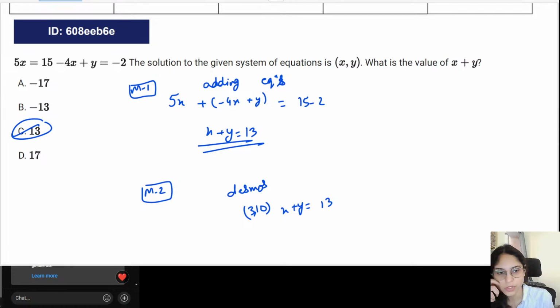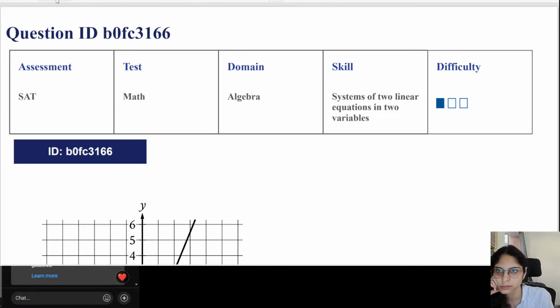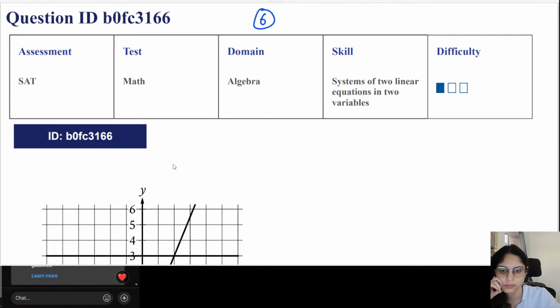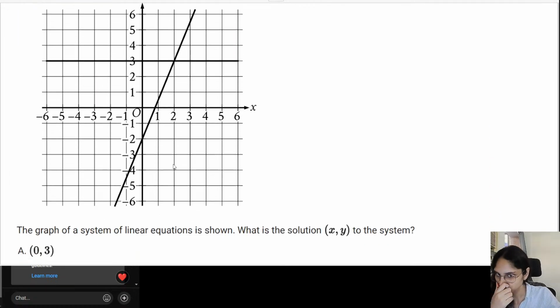Next easy problem is question number 6. Let me just arrange them. Two graphs are given.